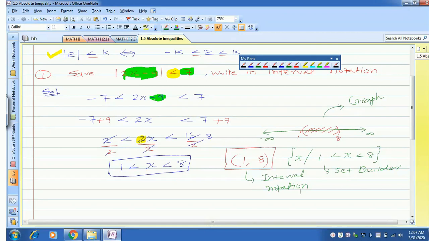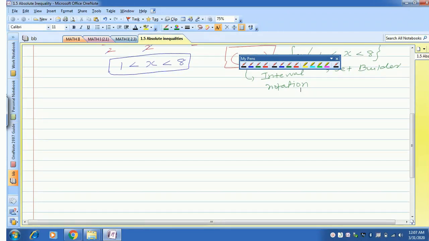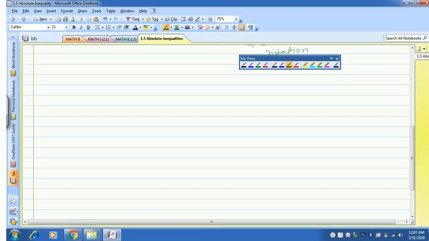Now we are going to take the next example, example number 2, question number 2, which is: solve absolute value of 3x plus 5 is greater than or equal to 5.